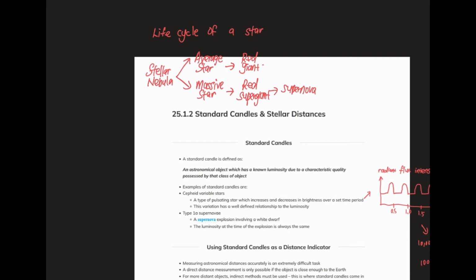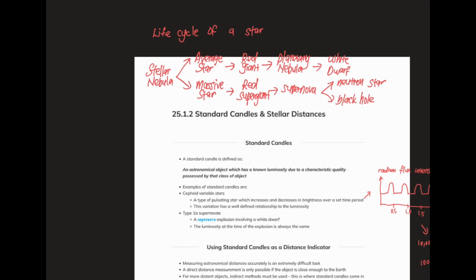Okay. So then we have the red giant. The red giant will become a planetary nebula, and then followed by a white dwarf. That's the end of the star. And then the supernova will end up with a neutron star or a black hole.